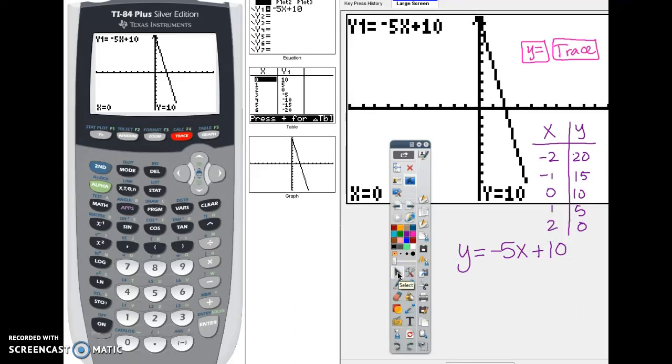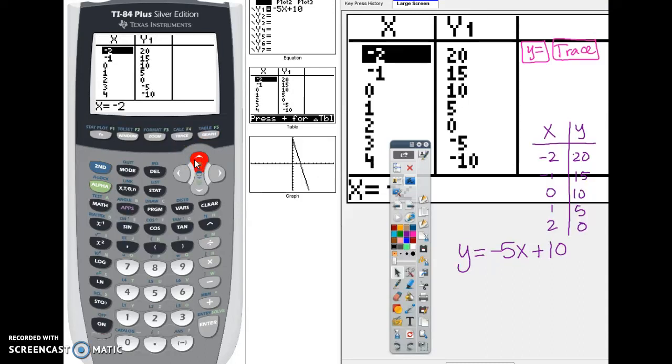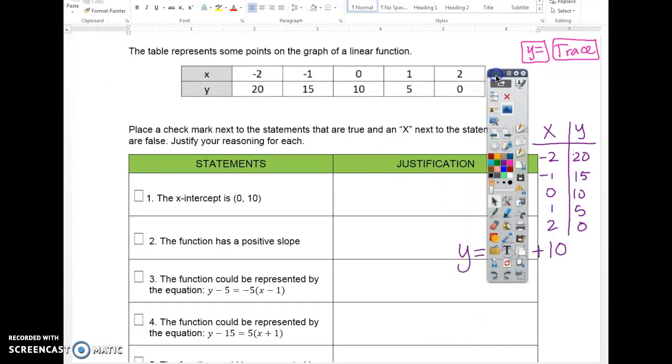Okay, so that's what the graph looks like, and that's what we need to answer these questions. We can also go to second graph and look at the table and see that at -2 it gives you 20, 15, 10, 5, 0. So let's go answer some of those questions and see if it's true or false.